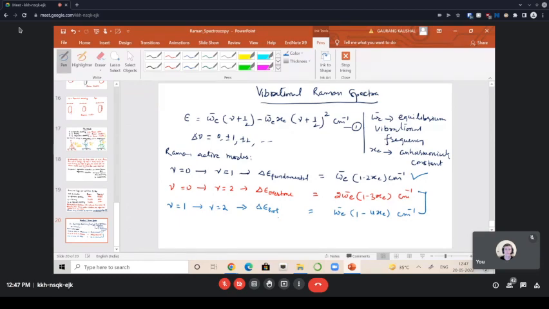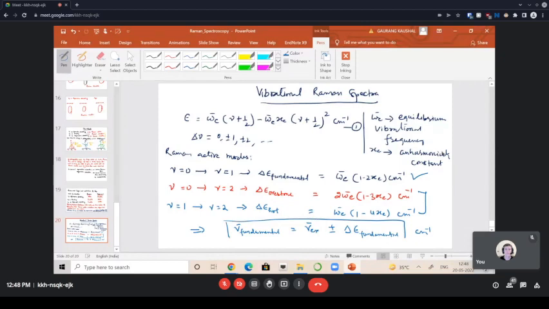So around this exciting line, the fundamental transition can be written like this: ν fundamental is equal to ν exciting line plus minus delta E fundamental centimeter inverse, where we have the plus minus sign.